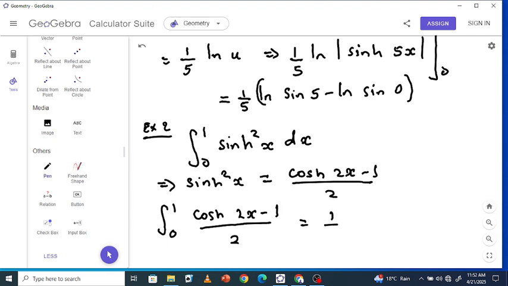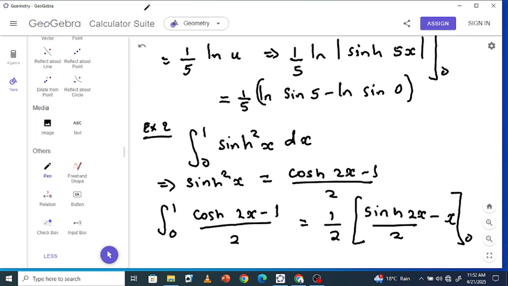Now that is the same as a half, and if we integrate, we put a half out here, then we integrate cosh 2x, and we get sinh 2x over 2, minus, if you integrate 1 you get x.